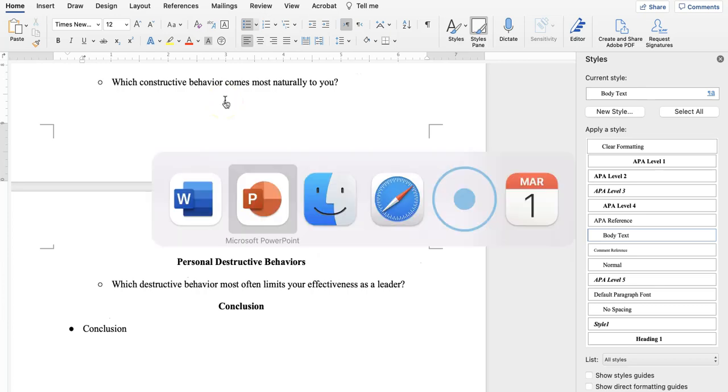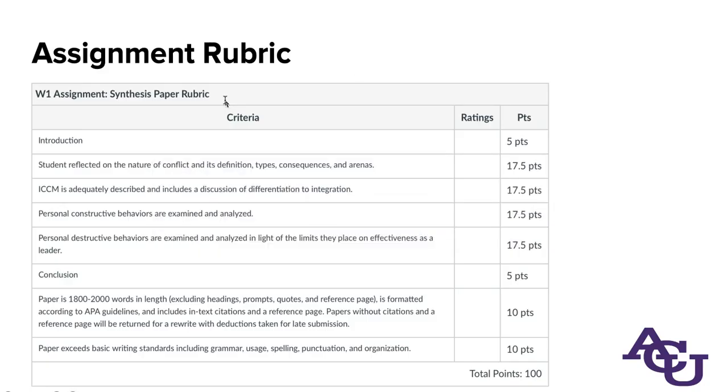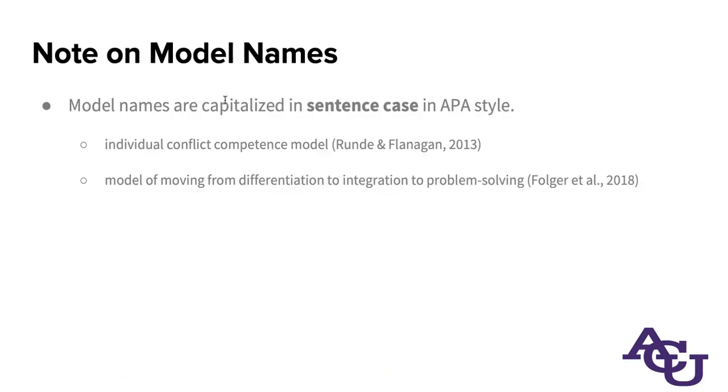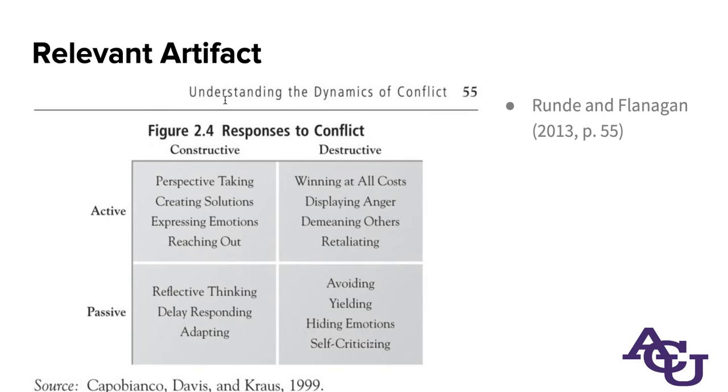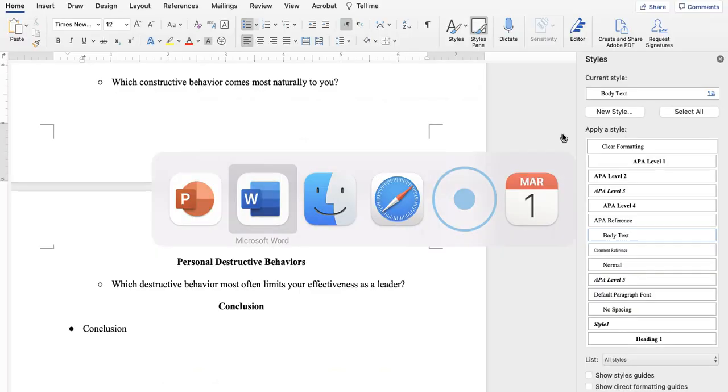Alright, now if we look back at the elements here, we do have this chart here, so you know that you're going to be citing this at some point. So if you could take that Rundin-Flanagan 2013 page 55 and stash that in here.